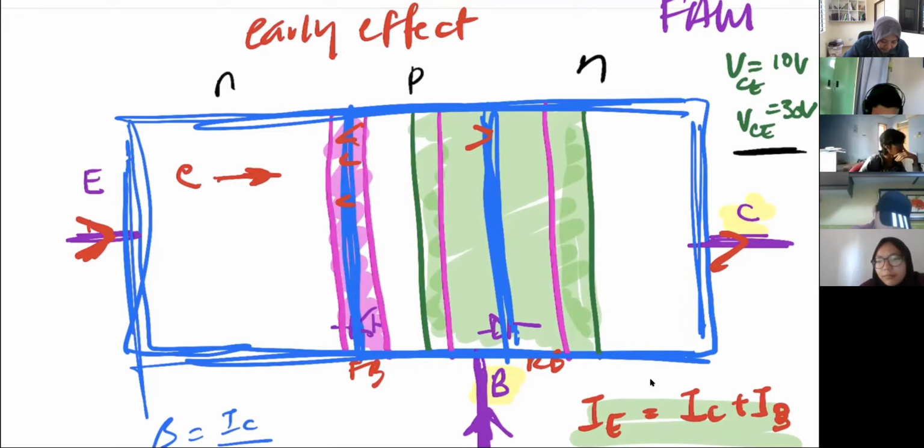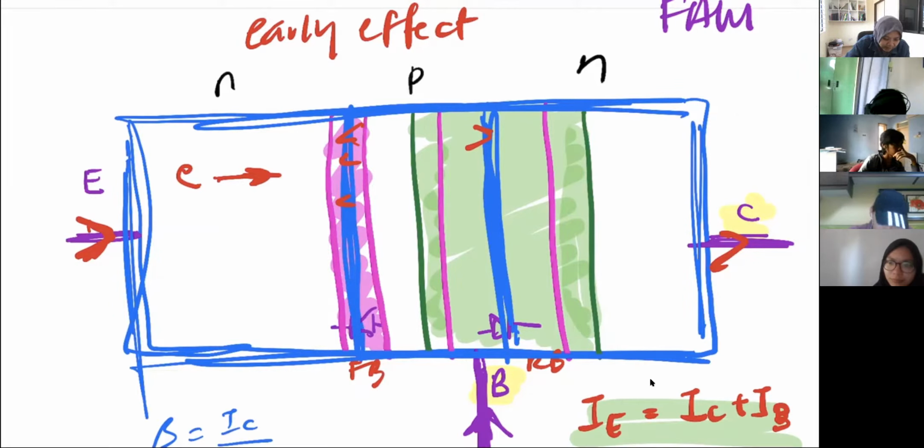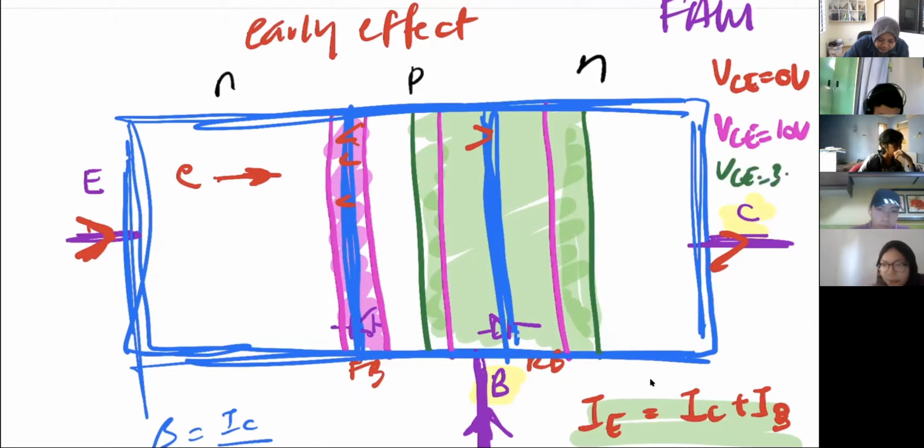If there is no bias, maybe it will be easier if I change the colour of everything. So like this. I say VCE equal to 0 volt, then VCE equals 10 volt, then VCE equals 30 volt.